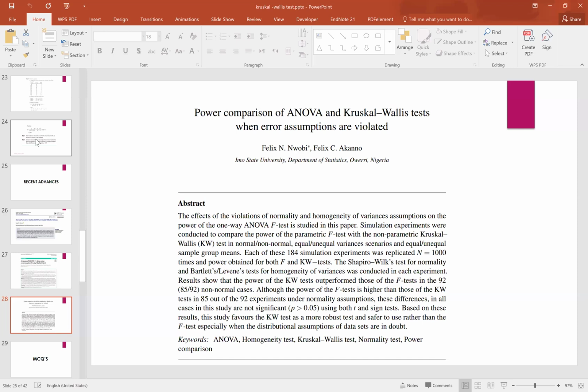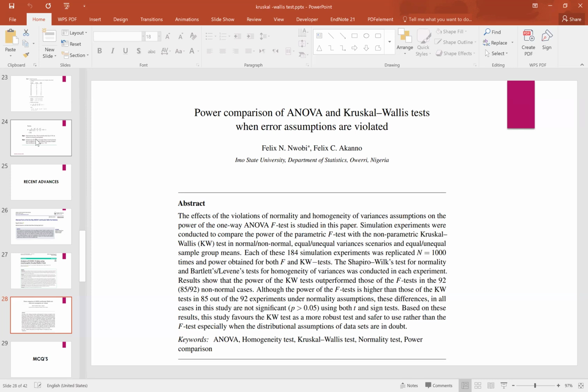The Shapiro-Wilk test for normality and the Bartlett and Levene tests for homogeneity of variances were conducted in each experiment. Results show that the power of the Kruskal-Wallis test outperformed that of the F test in the 92 non-normal cases, although the power of the F test is higher than that of the Kruskal-Wallis test in 85 out of 92 experiments under the normality assumption.